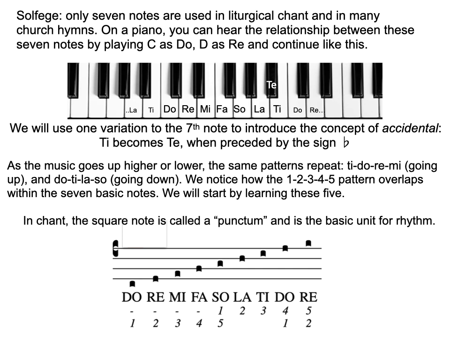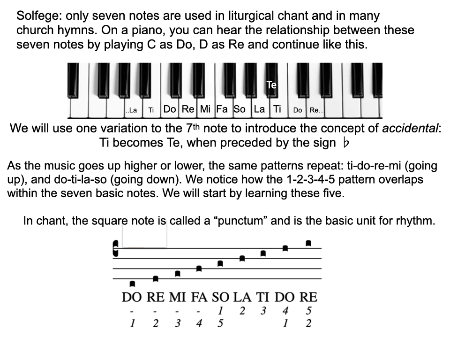Now, this fa, sol, la, te, do sounds a lot like do, re, mi, fa, sol, doesn't it? And then if I start from sol, la, ti, do, re, that sounds like the same melody, but just one step higher.